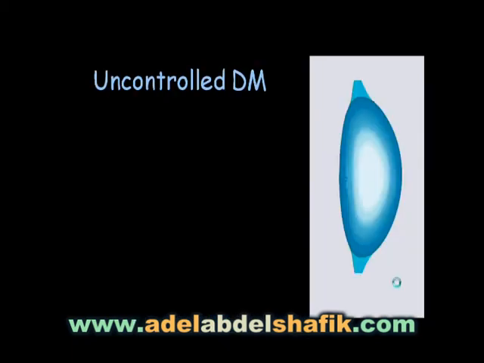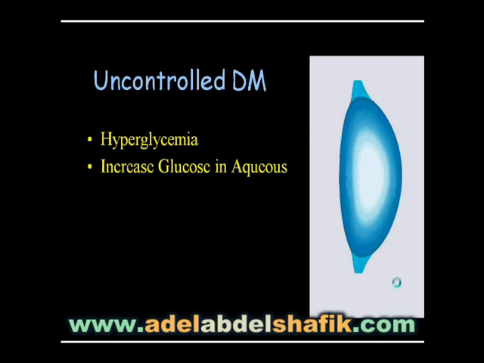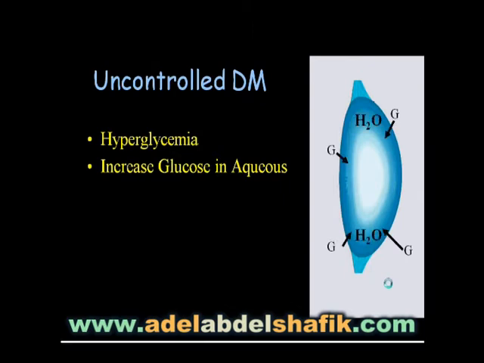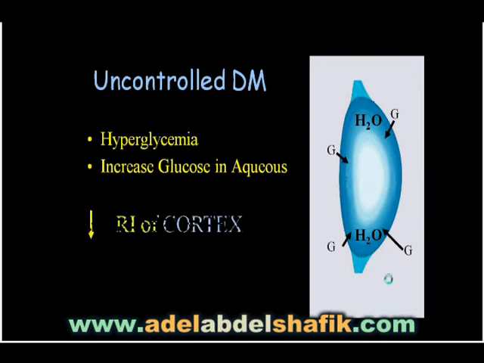In case of diabetes, if the glucose level is uncontrolled, the patient passing into hyperglycemia, this will result in increase in glucose level in the aqueous, and the glucose will find its way into the periphery of the lens and the cortex layer, and this will be followed by passage of water into the cortex.